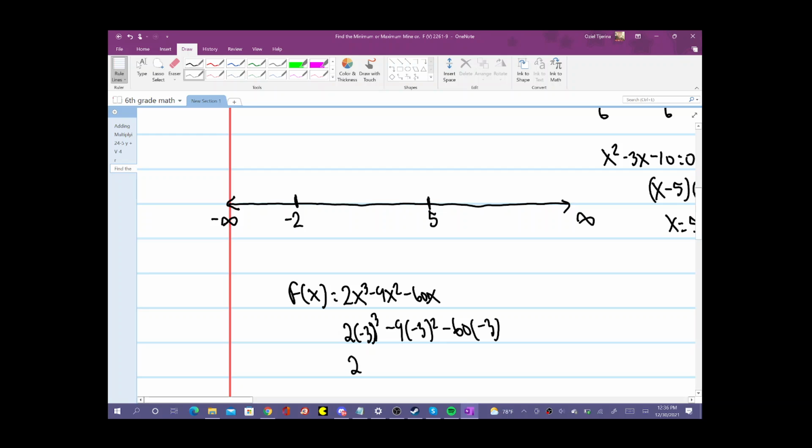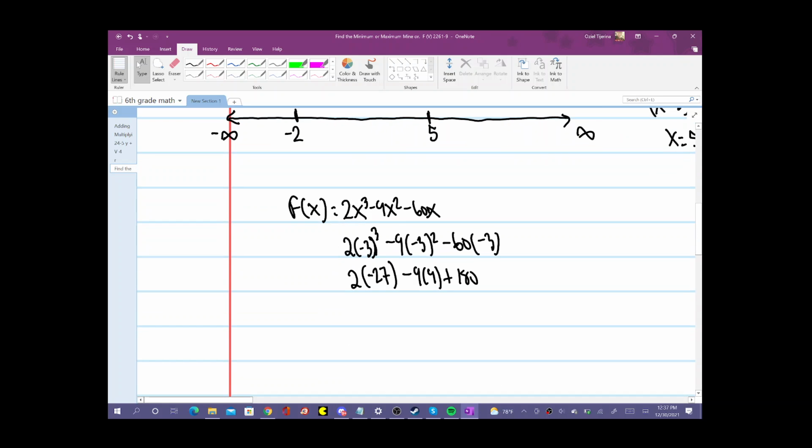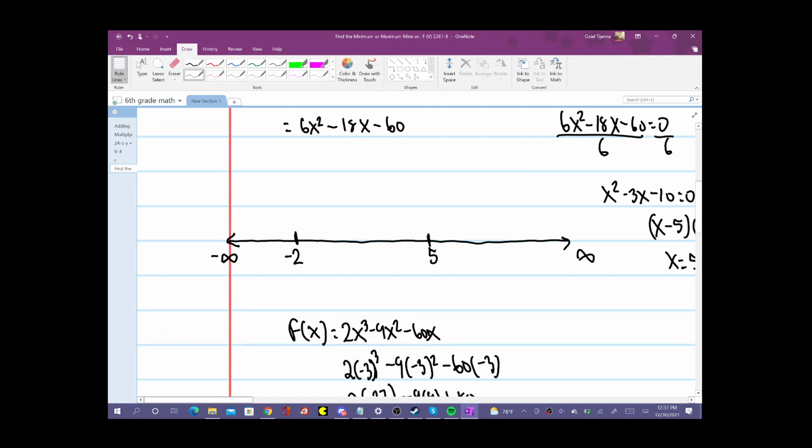This is equal to 2 times negative 27 minus 9 times 9 plus 180. This is equal to negative 54 minus 81 plus 180. This is equal to negative 135 plus 180. So it's positive. So that means it's increasing from negative infinity to negative 2.